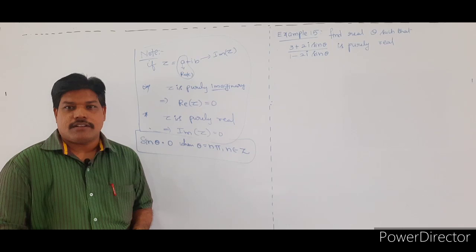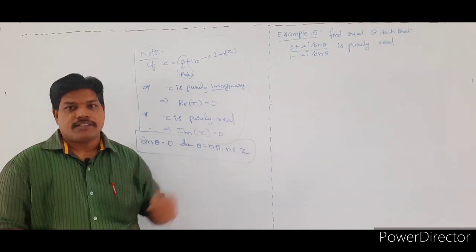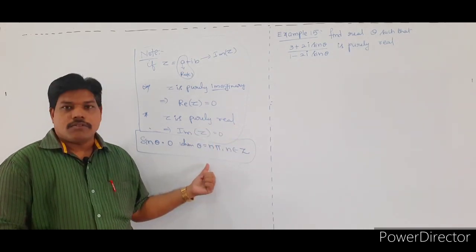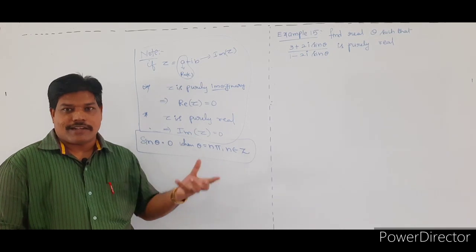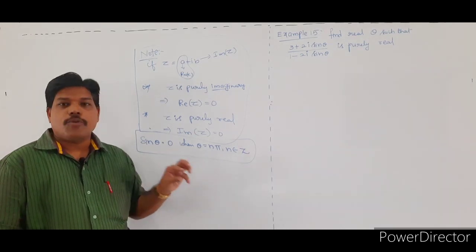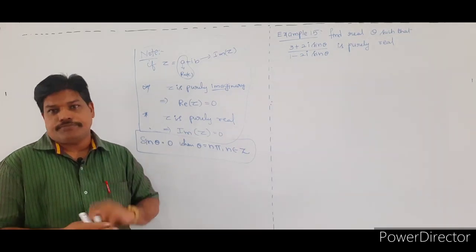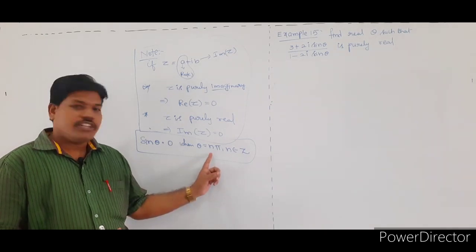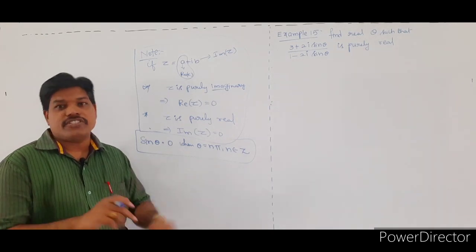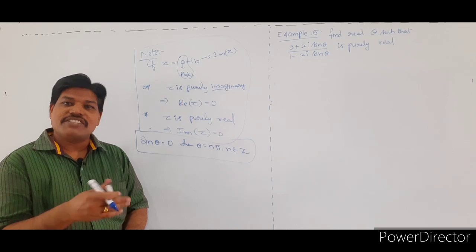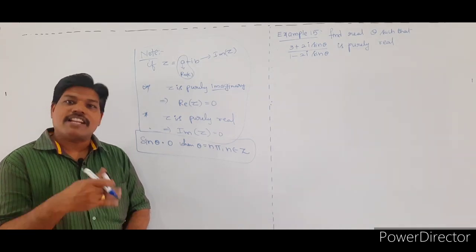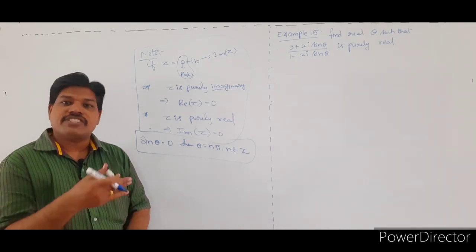Sir, what is the meaning of that? We are using a one-step answer for this one, that's why I have written this. Just understand that sin theta 0 means sin 0 is 0, sin 180 is 0, sin 360 is 0, sin minus 180 is 0, sin minus 360 is 0.